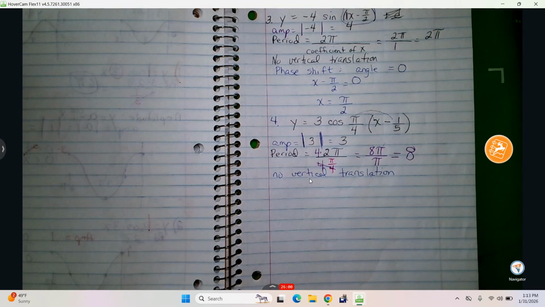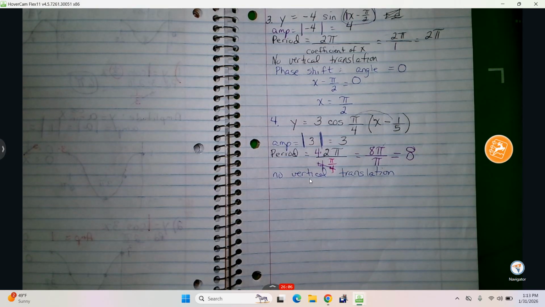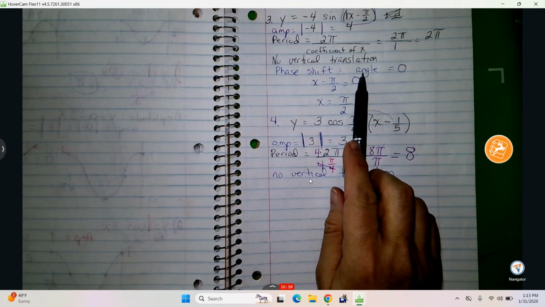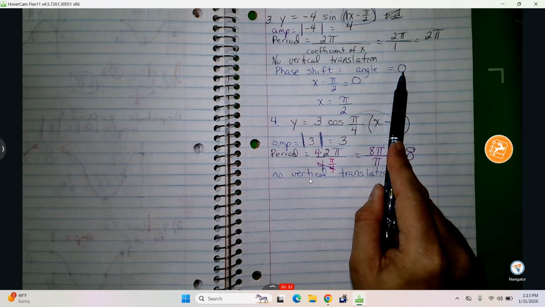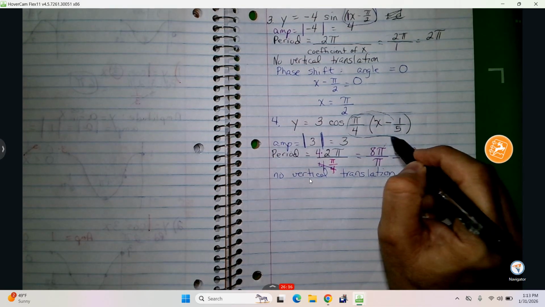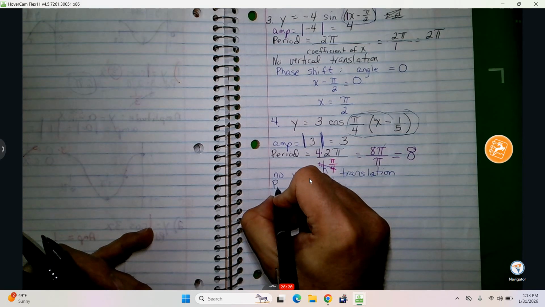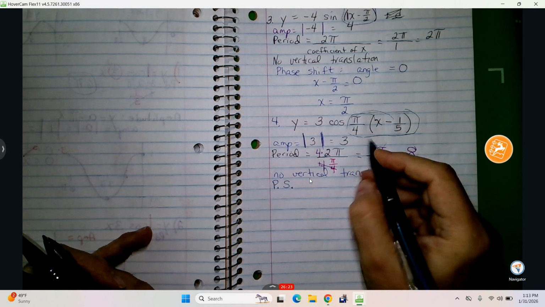And finally, we need to do the phase shift. To do the phase shift, you take the angle and set it equal to 0. The angle is all of that. So I'm now doing the phase shift.